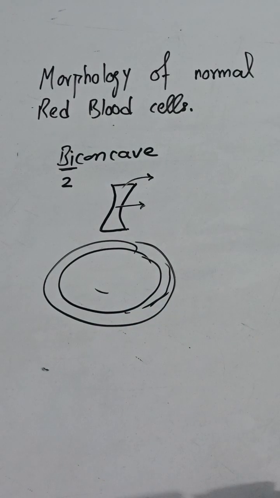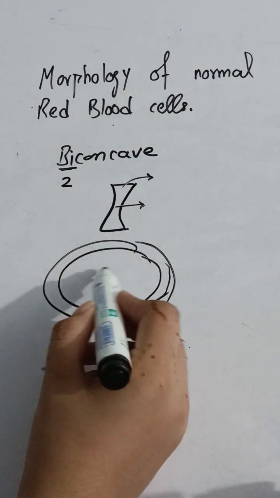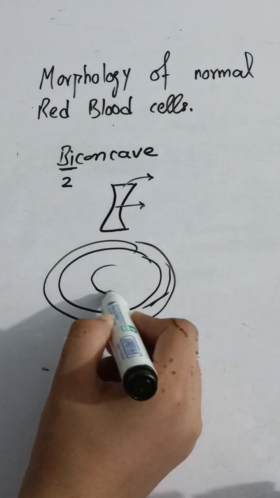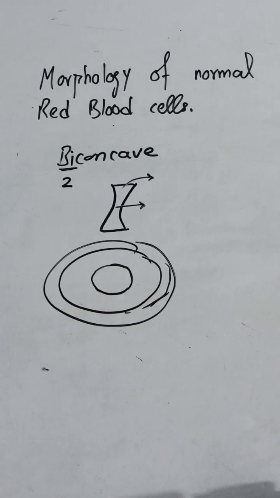That's why we call it a biconcave disc shape. As its central area is thin, the color there is also paler, meaning this central area has less color.